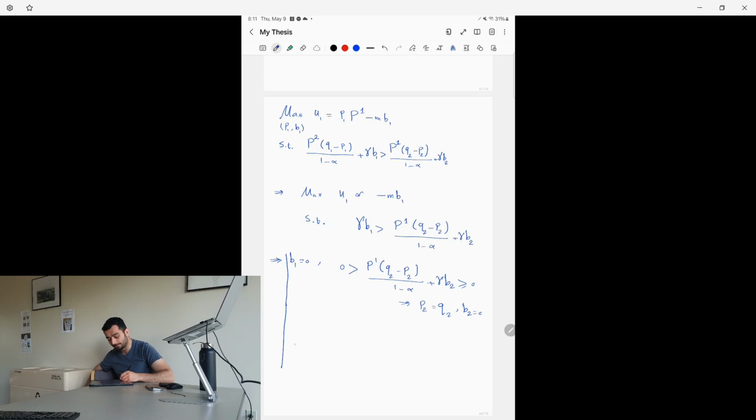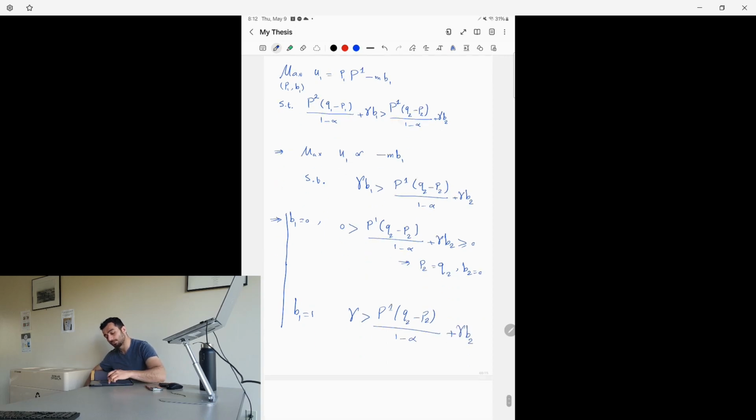Or B1 is 1, then gamma P1 Q2 minus P2, 1 minus alpha plus gamma B2, right?